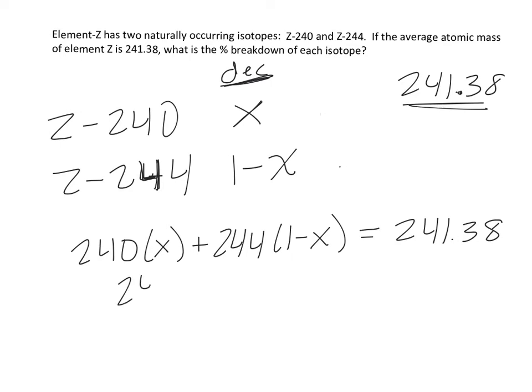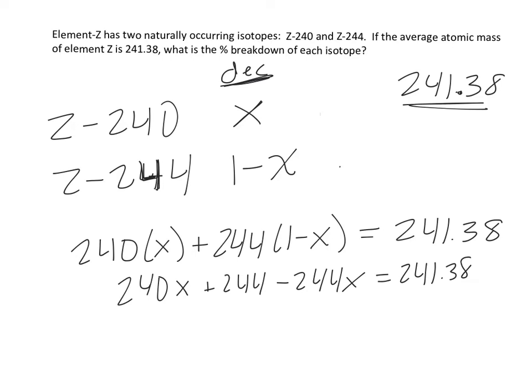So 240X plus 244 minus 244X equals 241.38. And then I can just do some rearranging. So I would get negative 4X on this side, and 241.38 minus 244, negative 2.62, on this side. And then when I solve for X, I would get 0.655.